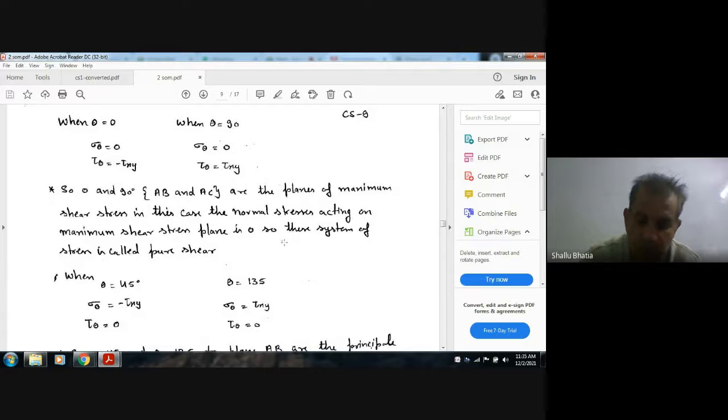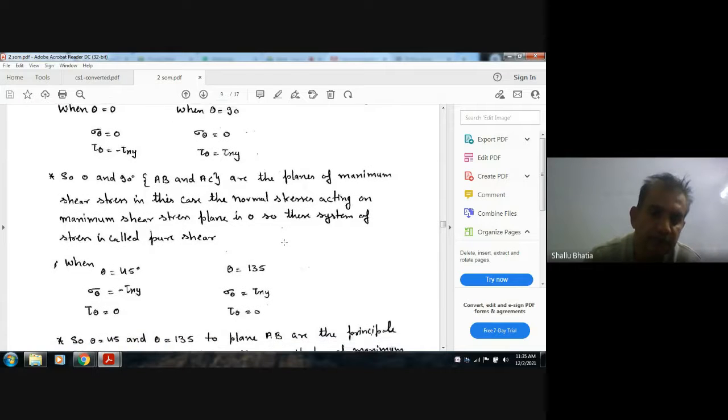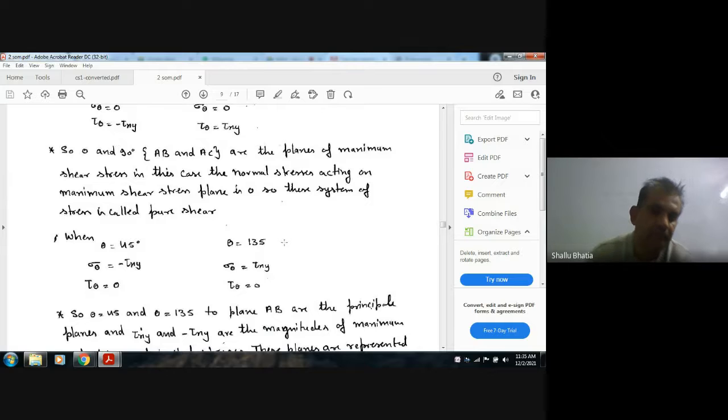Now if we put theta equal to 45 degrees and theta equal to 135 degrees, we find sigma theta at 45 degrees will be minus tau xy and at 135 degrees will be tau xy. And tau theta is 0 at 45 and 135 degrees.